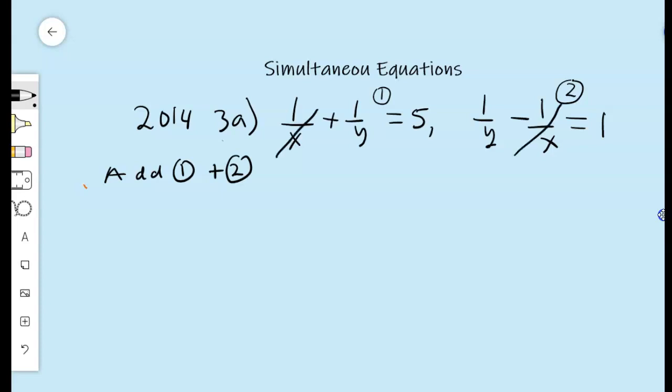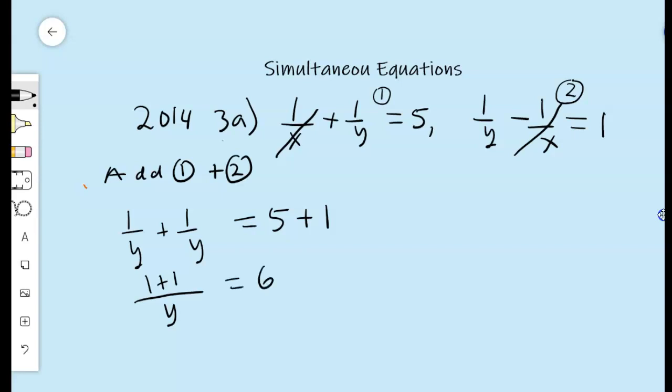It will be leaving us with 1 over y plus 1 over y equals 5 plus 1. So here you take only one of the y, and then 1 plus 1, and here you get 6. Here you get 2 over y equals 6.